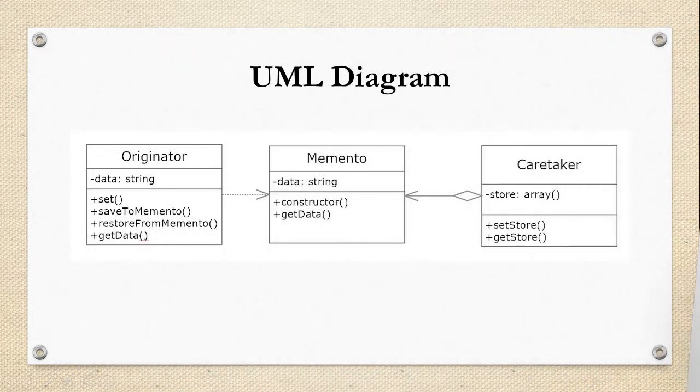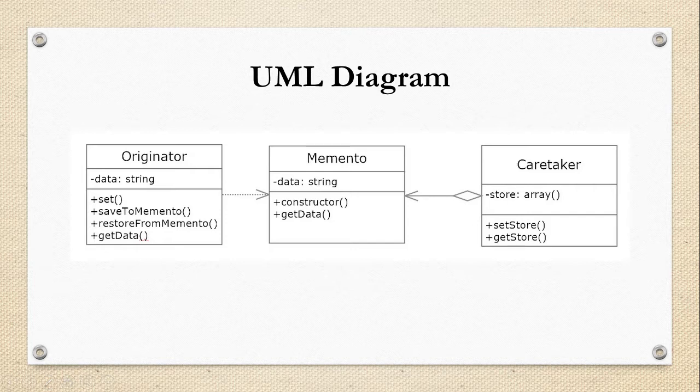Now let's look into the UML diagram. We have here the originator class with a variable data of string type. So we have the methods set, save to memento, restore from memento, and get data.